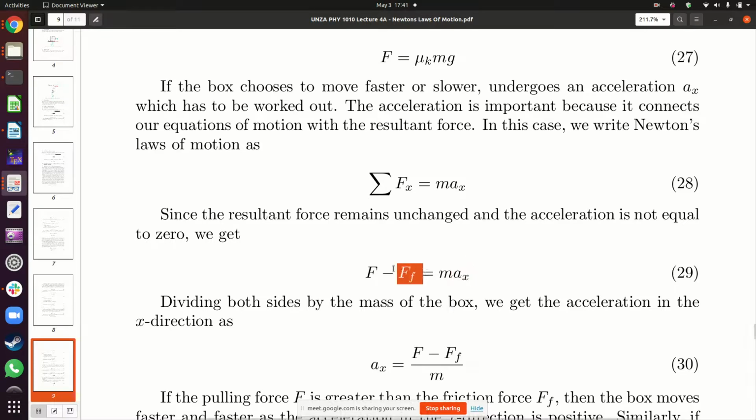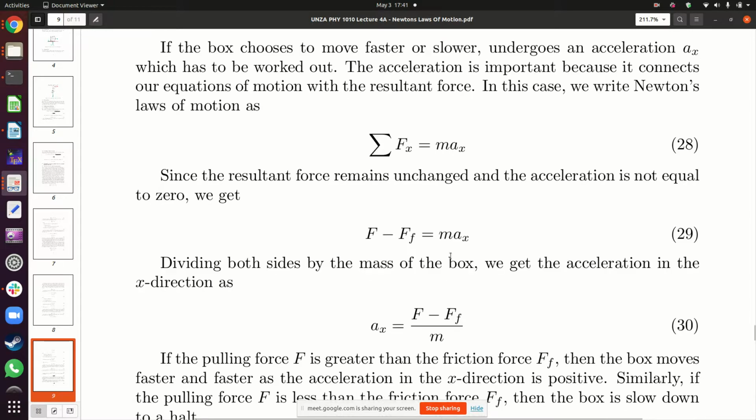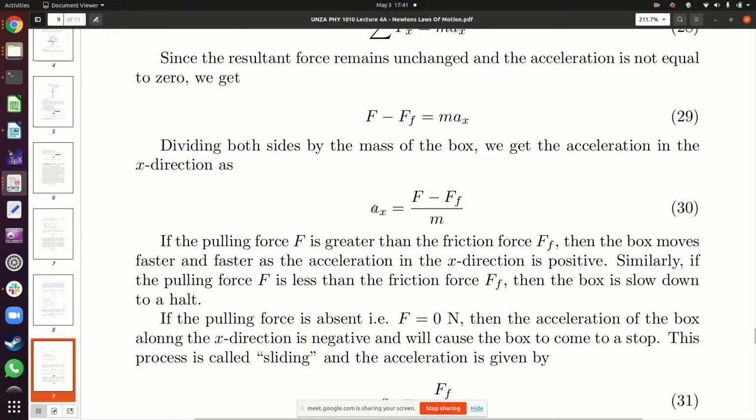If you have this resultant force this side equals to the mass of the object times the acceleration, and we want to know what the acceleration is, we divide both sides by m. When you divide both sides by m, we end up having the acceleration equals to the resultant force, which is F minus Ff, divided by the mass of the object.